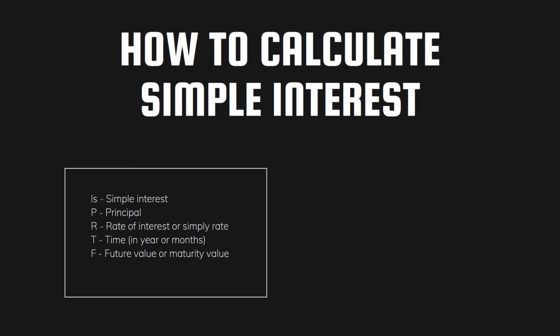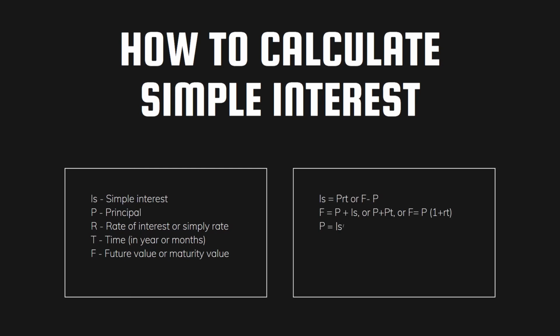IS, simple interest. P, principal. R, rate of interest or simply rate. T, time, in years or months. F, future value or maturity value. Without further ado, here are the formulae that should be kept in mind.